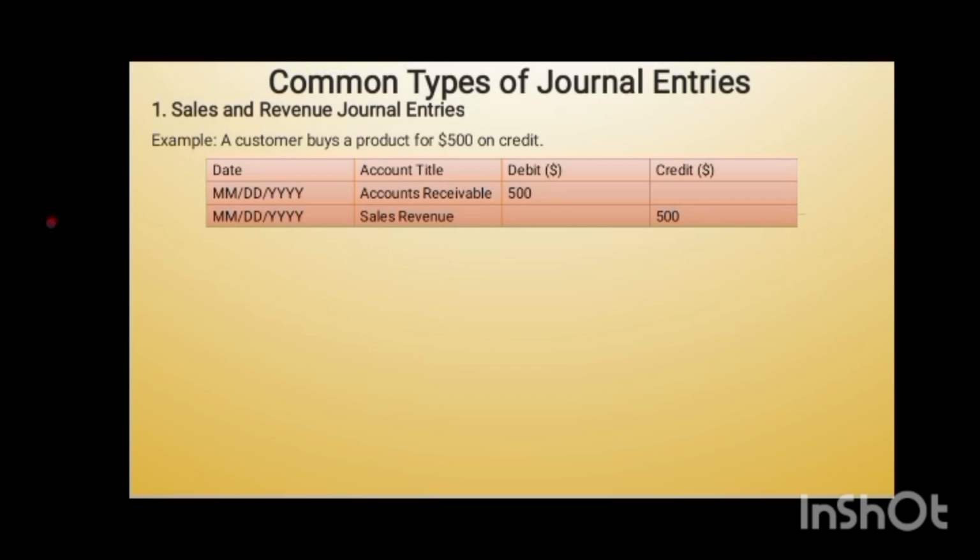As the revenue is increasing, we learned that when revenue is increasing, it is always credited. So we will credit the sales revenue account with the amount of $500.